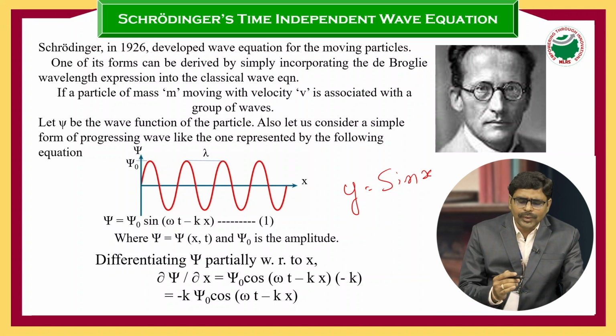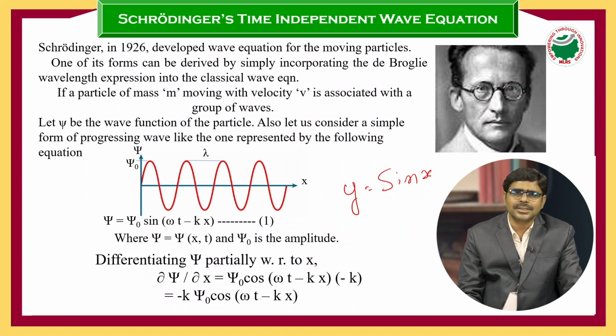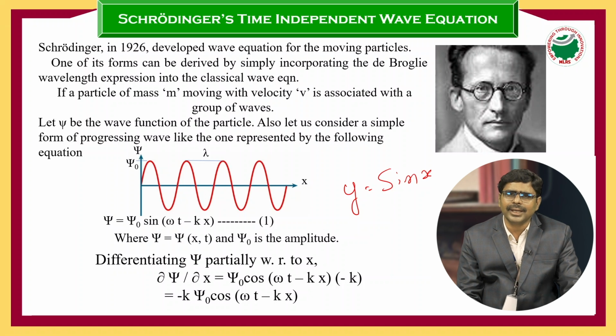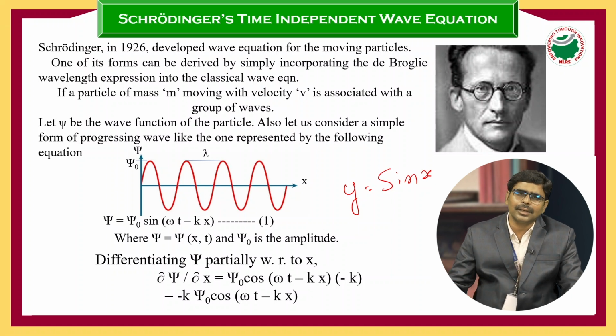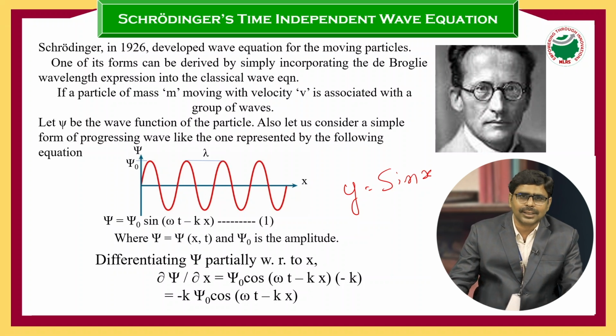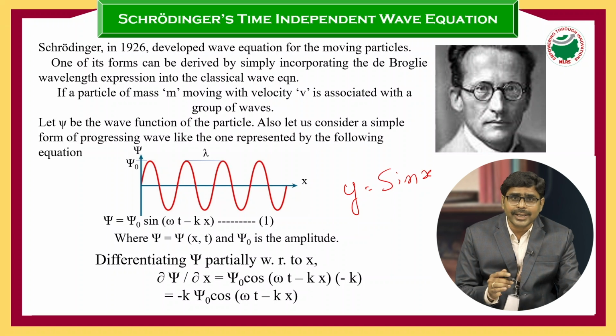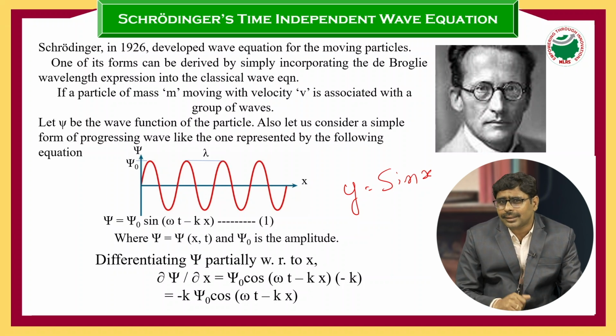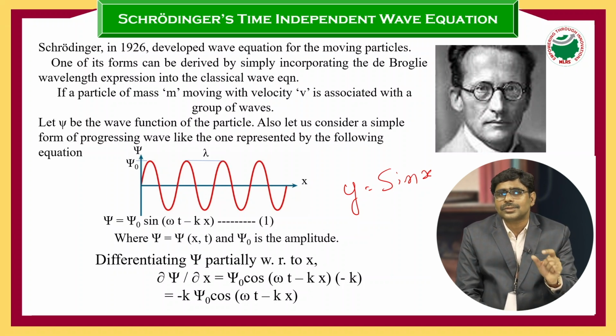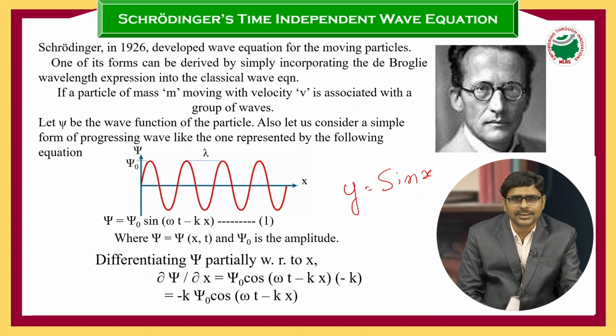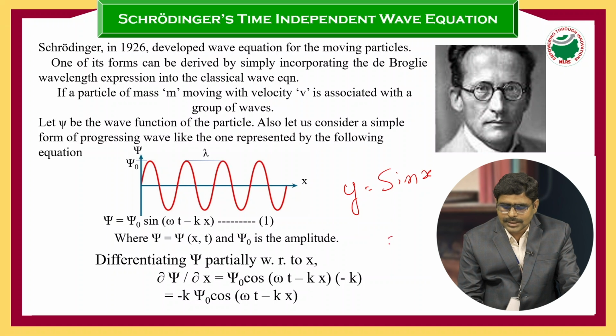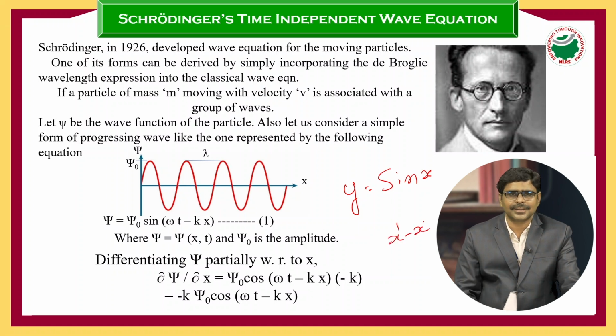Here we use the function xi equals xi naught into sin(omega t minus kx). For our general representation we have minus kx. Why are we taking minus kx? Because the distance or displacement of the function is x dash minus x.